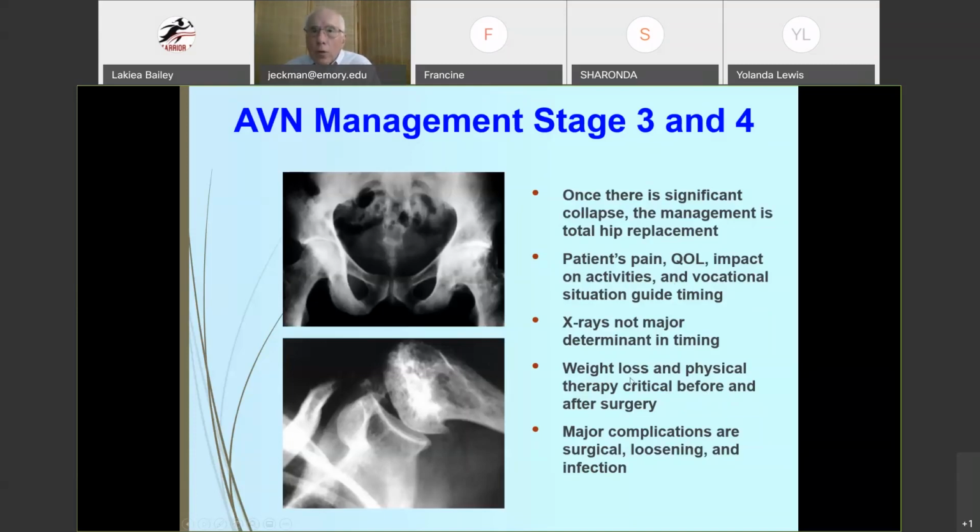The weight loss is also critically important because it will reduce the stress on the prosthesis once it's been put inside the bone. Both of these are very important to start before surgery and to continue after surgery. The major complications for this procedure are during surgery, and I'll talk about that in a minute, and loosening and infection. Let me go on and show you what this looks like.